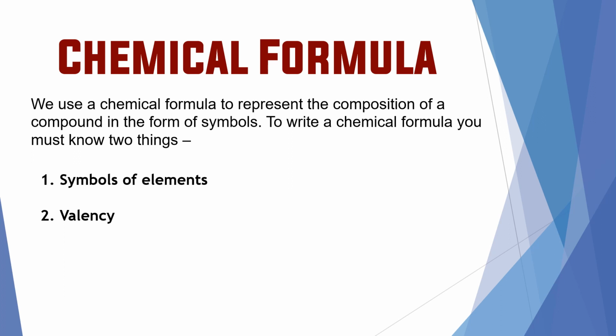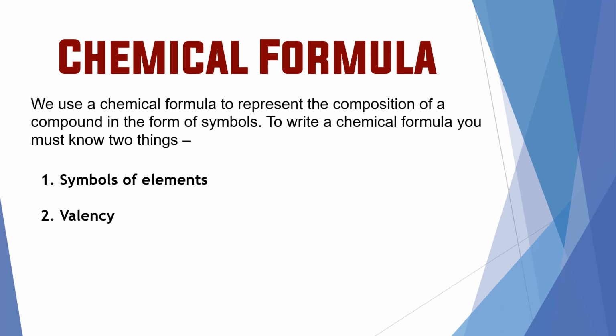And what is the use of this chemical formula? A chemical formula is a way of presenting information about the chemical proportions of the atoms. So by looking at a chemical formula, we get an idea which elements are present in that compound or that molecule, how many of each, and which are the symbols, everything.